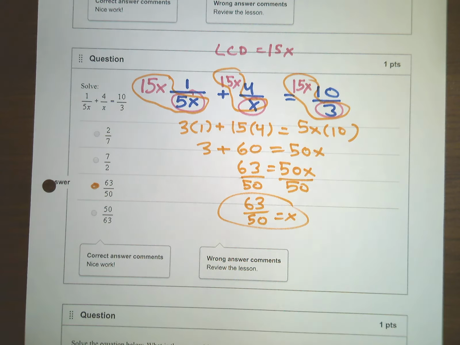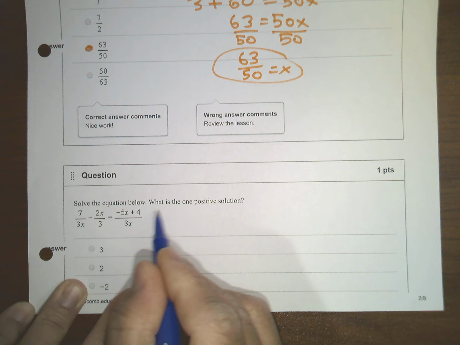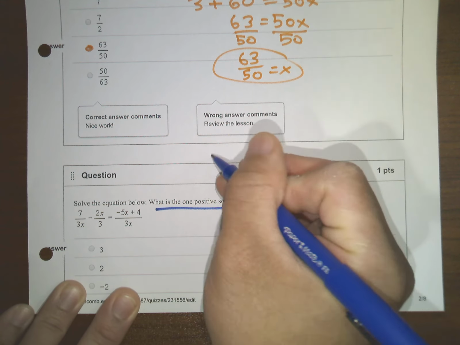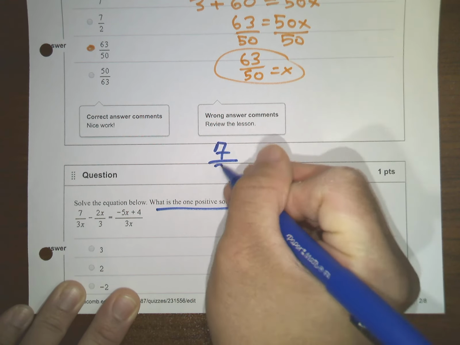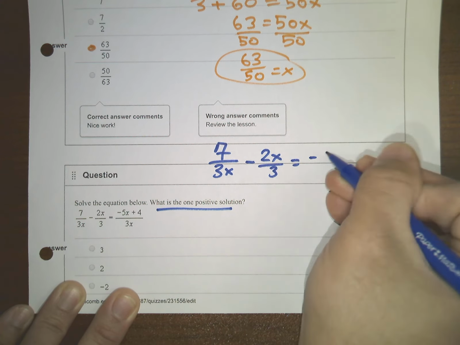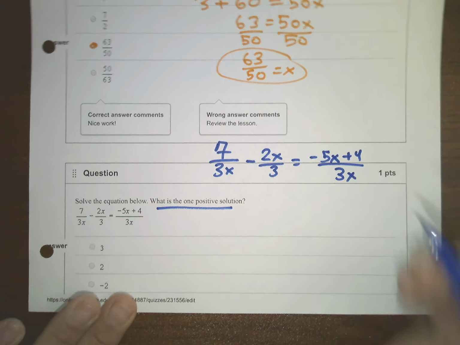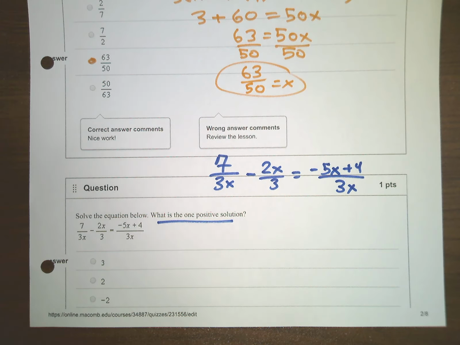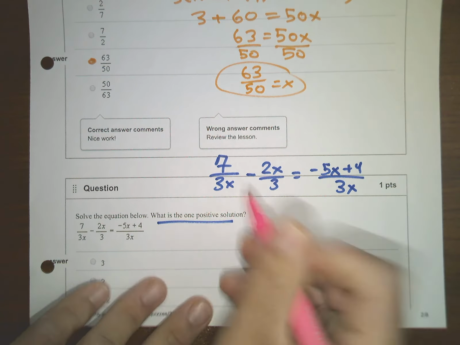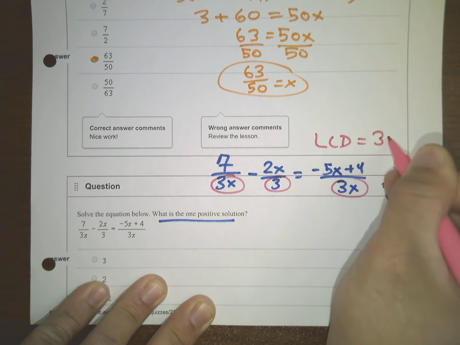Alright, let's try another one here. So we have: solve the equation below. What is the one positive solution? So we have 7 over 3x minus 2x over 3 equals negative 5x plus 4 over 3x. So I see that the least common denominator here, if I look at the denominator, should be 3x.